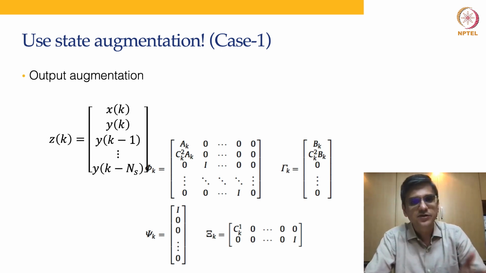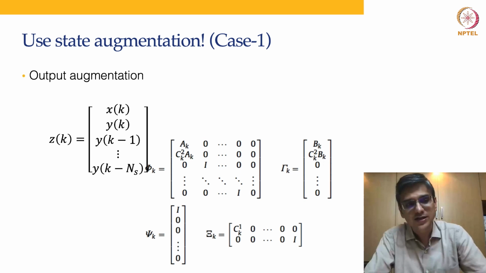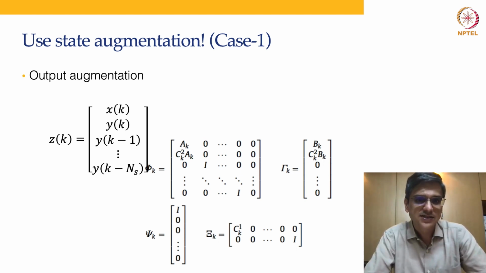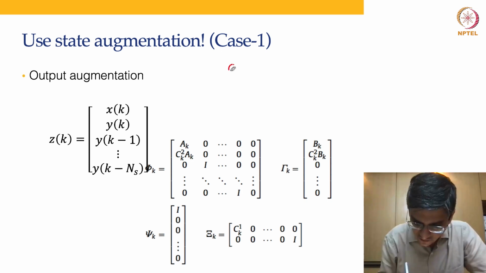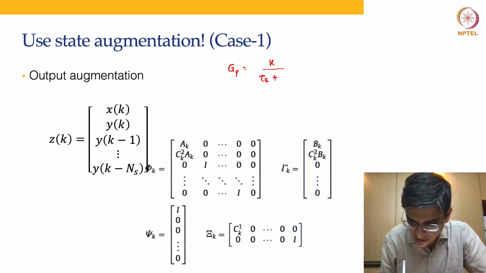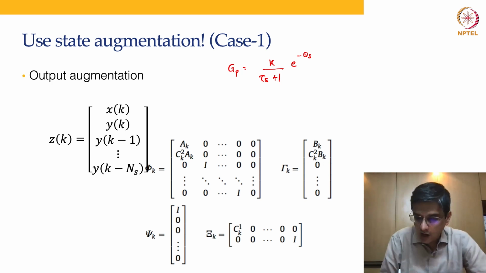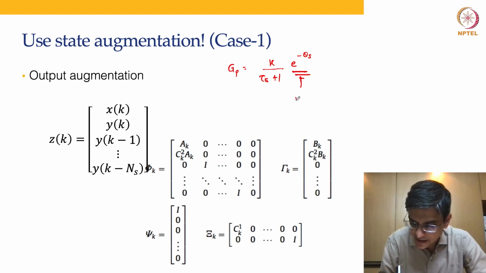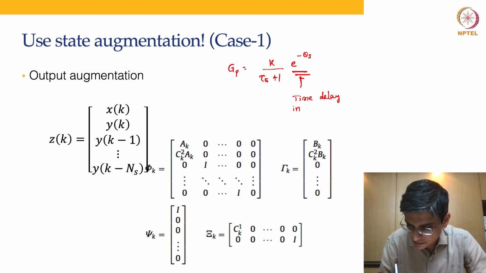This is exactly similar to what we had talked about. You have also done an example, and maybe there would be an exam question also: if you have your Gp equal to say k divided by tau s plus 1, e to the power minus theta s, how do you incorporate the time delay in creating a discrete state space model?